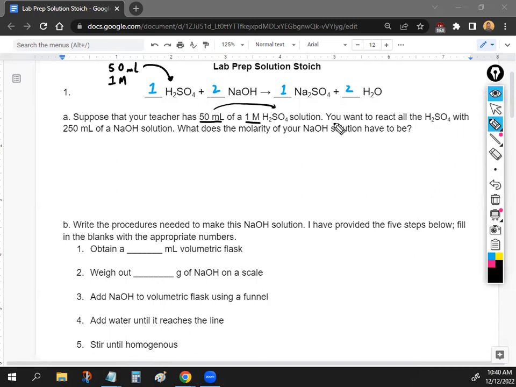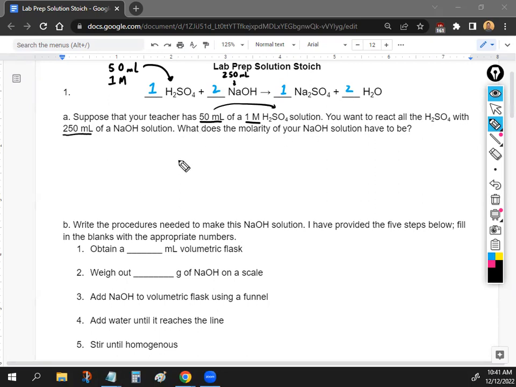Okay, and then it's asking you want to react all the H2SO4 with 250 mils of a NaOH solution. So this one is obviously talking about NaOH, right? So NaOH is going to be 250 milliliters. All right, and then lastly, what does the molarity of your NaOH solution have to be?